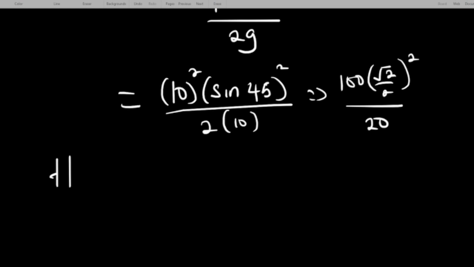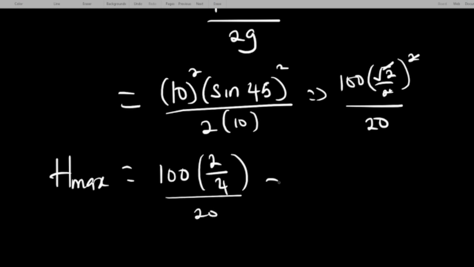So the maximum height is equal to 100. So we distribute this square, the root cancels out with the square. So we're now left with 2 squared over 2 squared. That gives us 2 over 4, over 20. So 2 goes into itself 1, 2 goes into 4, 2.